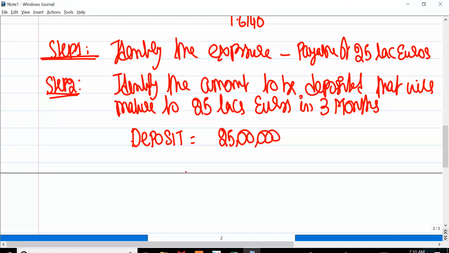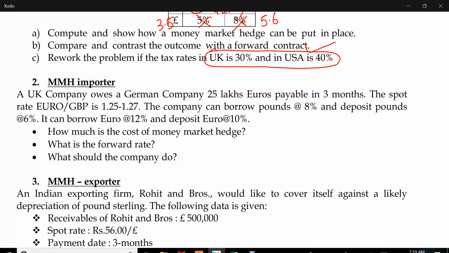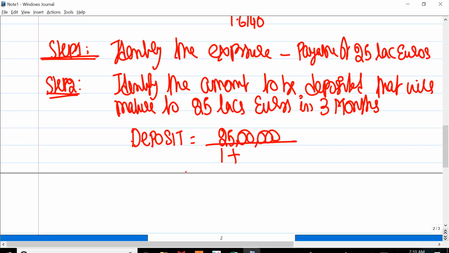What is the euro deposit rate? How much? 10%. I can deposit at the rate of 10%. 1 plus 10% divided by 4. 1 plus 10% divided by 4.